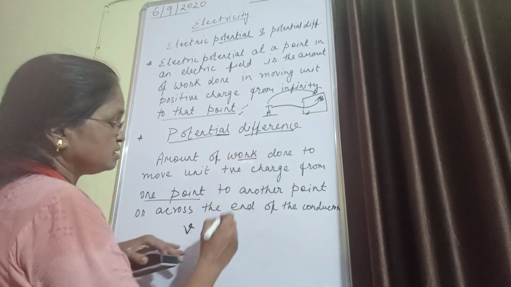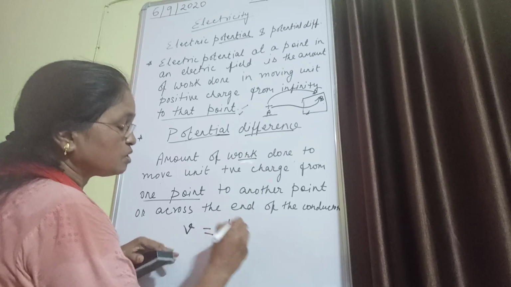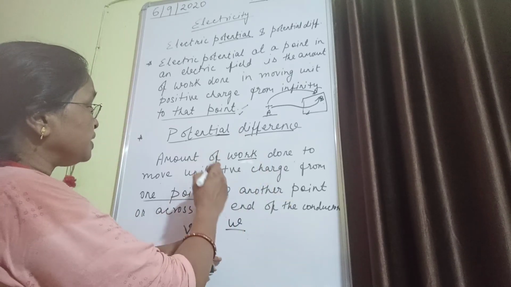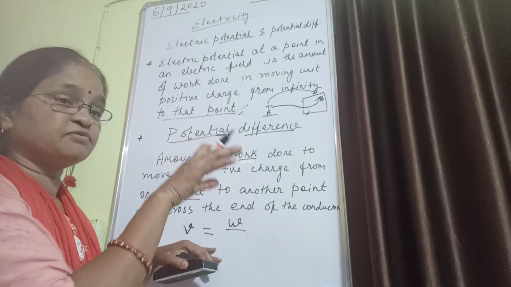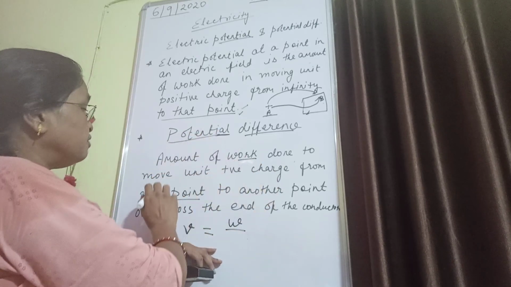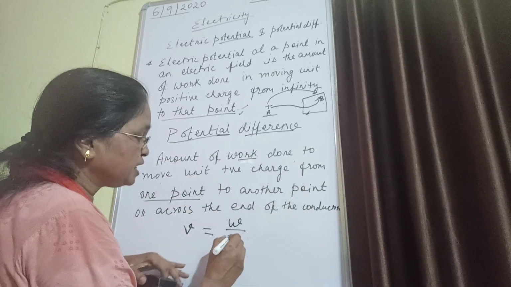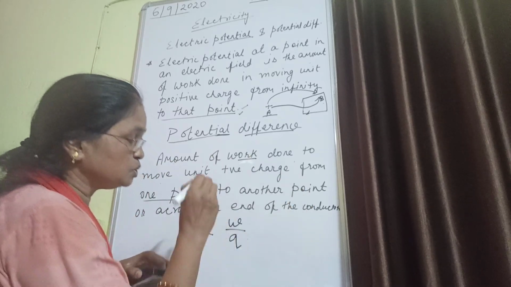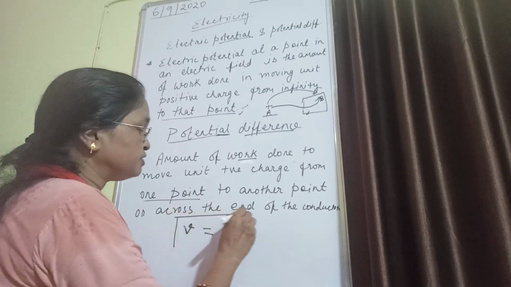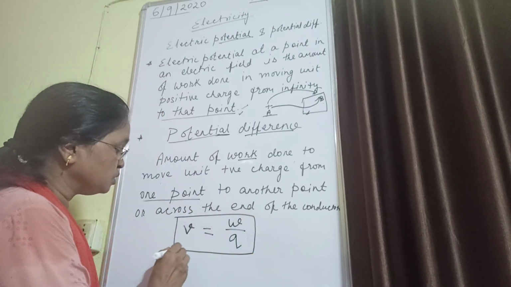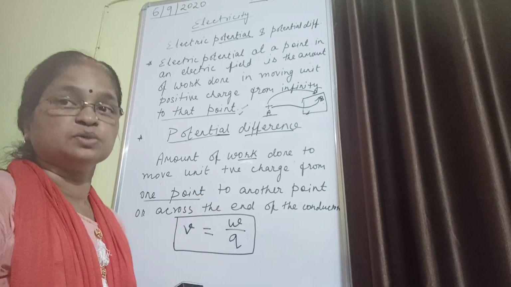Work done, W. What are we doing? We are bringing unit positive charge from infinity to a certain fixed point, or from one point to another point. That means Q. So we have a formula for potential difference: V is equal to W by Q.